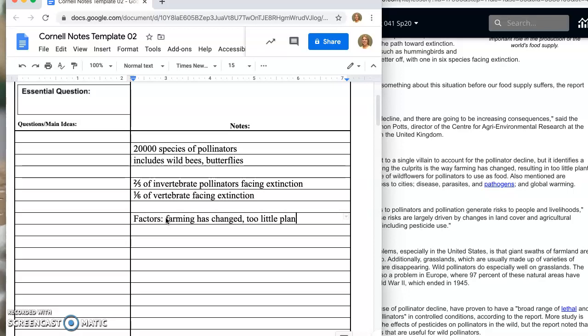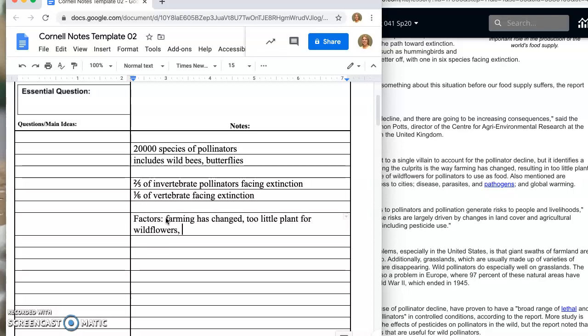There's too little plant life for wildflowers, disease, parasites, global warming, just to name a few. And I would probably take better notes if I was going to take the time. That's where we're stopping for this part.